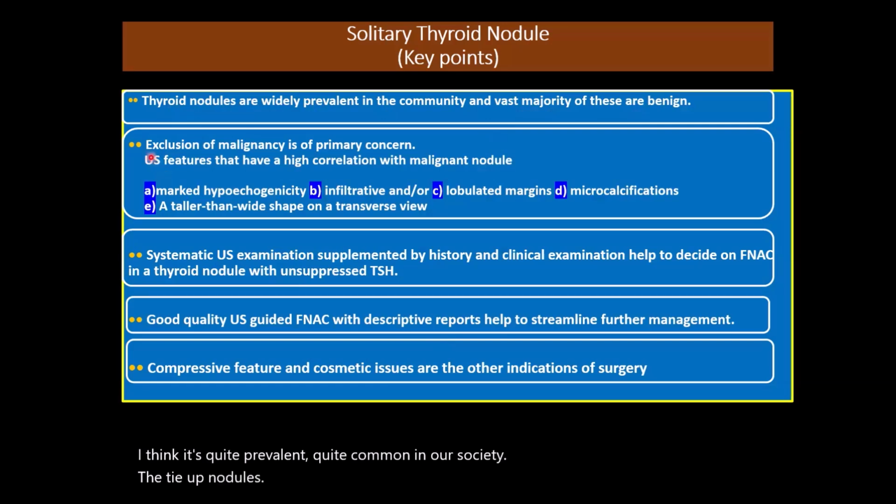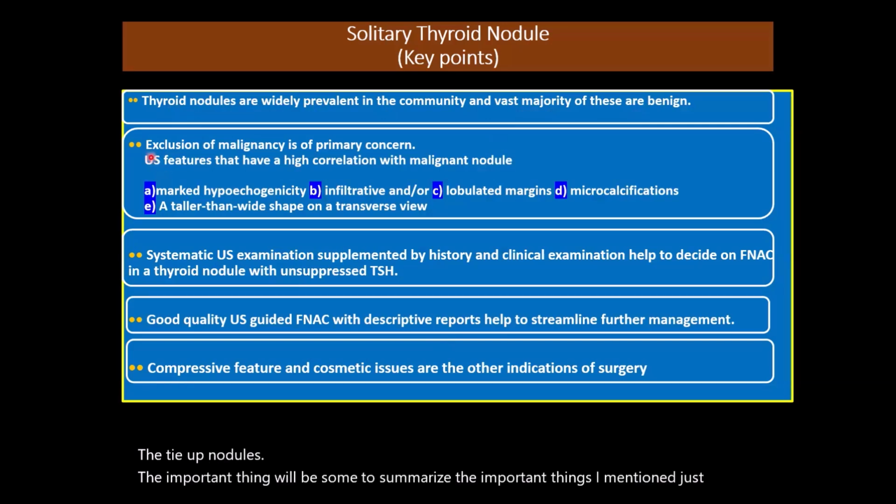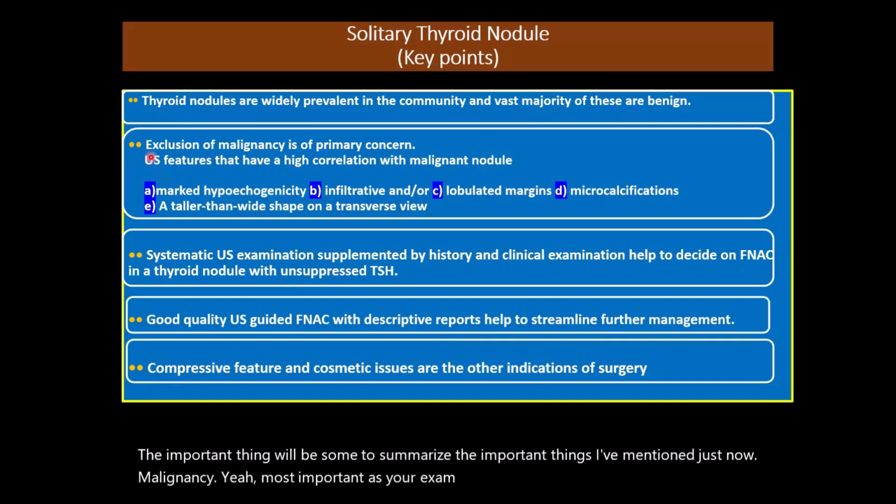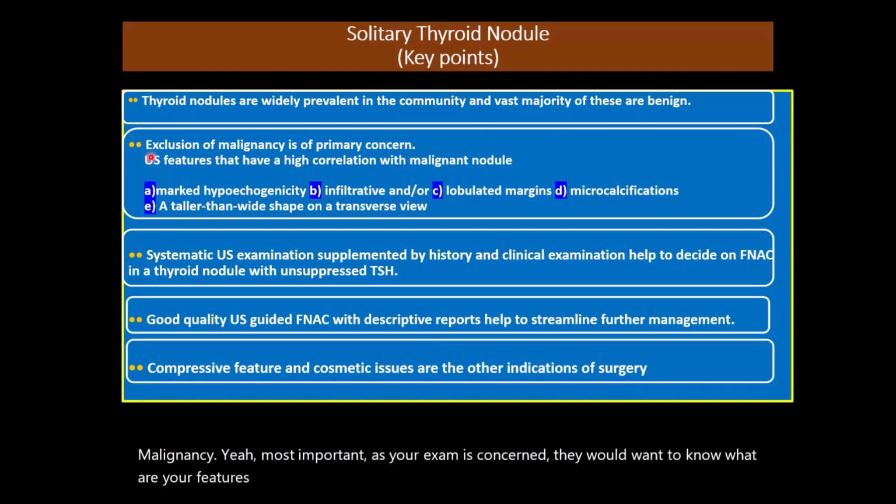The important thing will be to summarize the important things I mentioned just now. Malignancy is most important as far as your exam is concerned; they would want to know what features suggest that the nodule is malignant or benign. Okay, marked hypoechogenicity, and ultrasound is the best method.